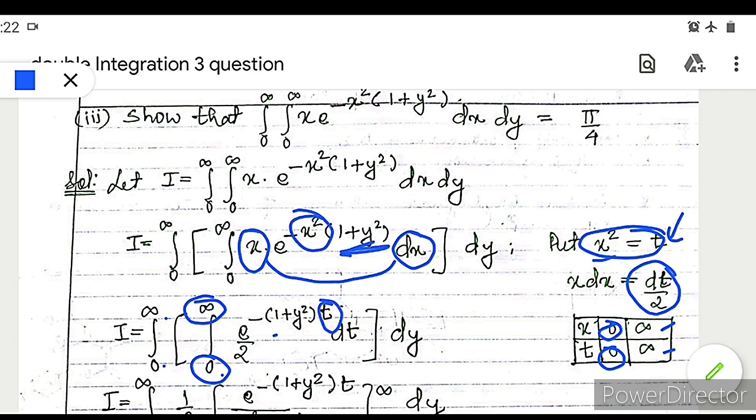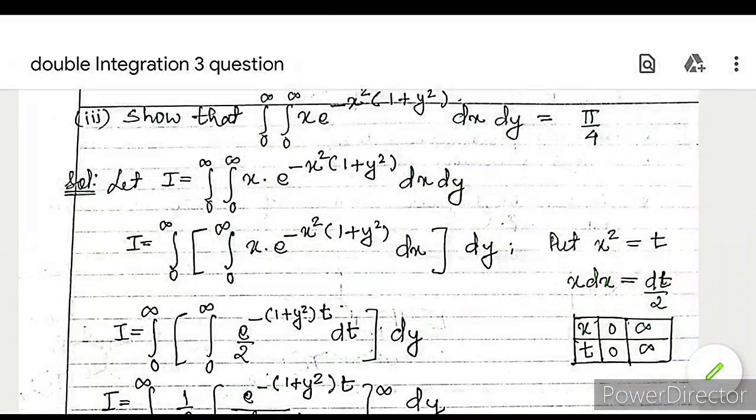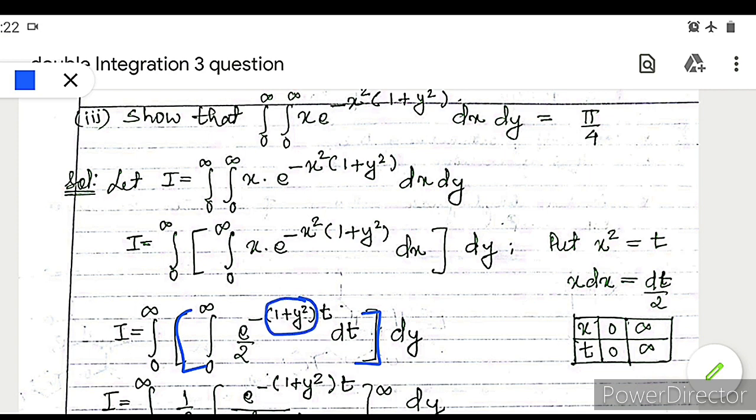This thing is as it is. Since we are integrating with respect to x first, y will be constant for a while, so this bracket is constant for a while. Once this bracket is solved, I have to solve with respect to y. So I'm treating the y terms or functions as constant here for a while.